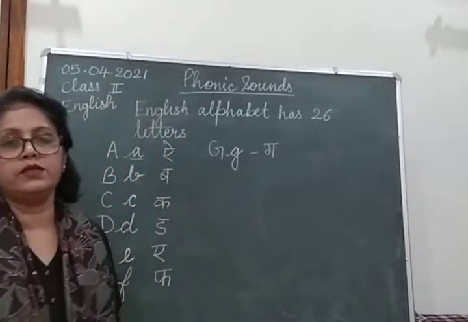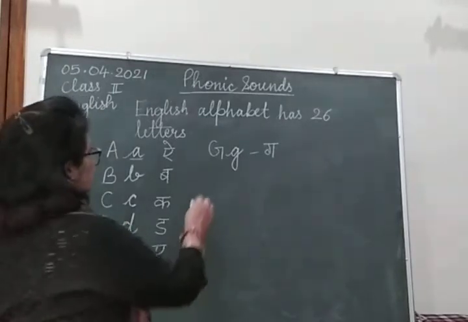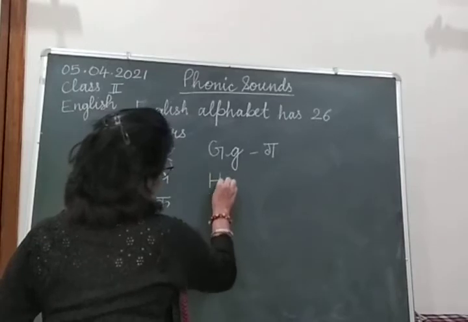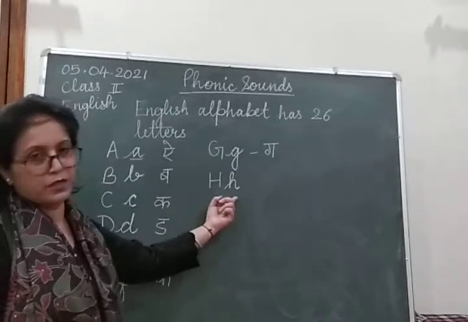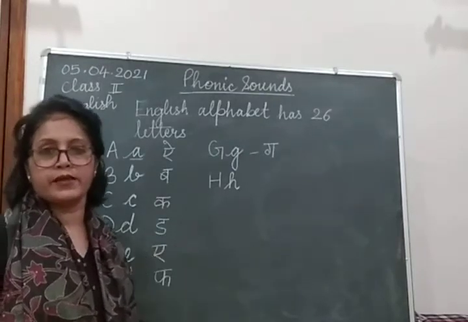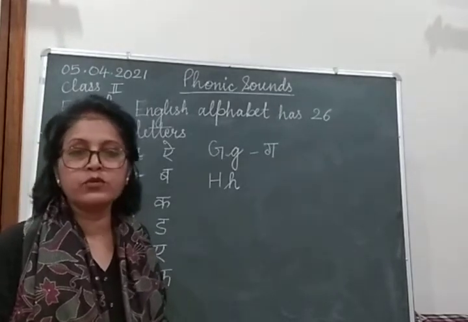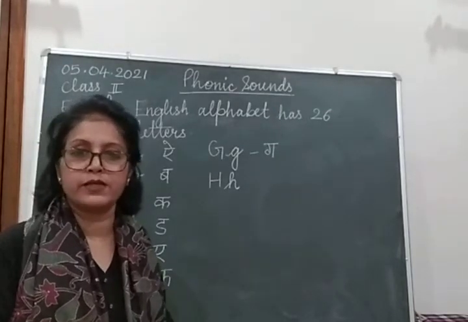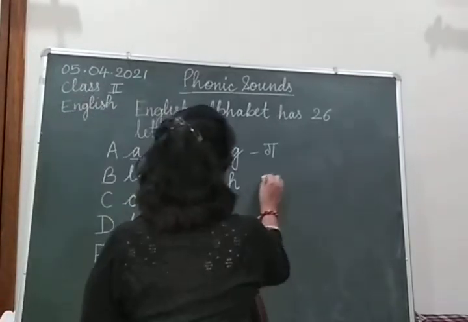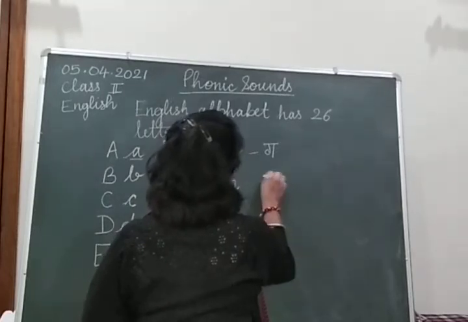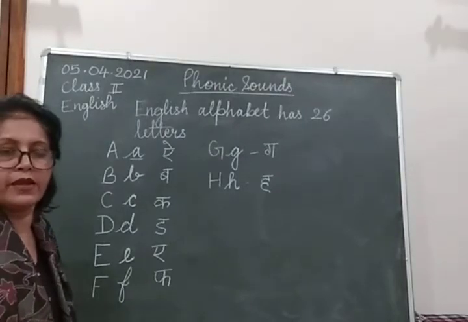After G comes H. Yes. And this is the cursive form of H. And the sound of letter H is H. Hen.